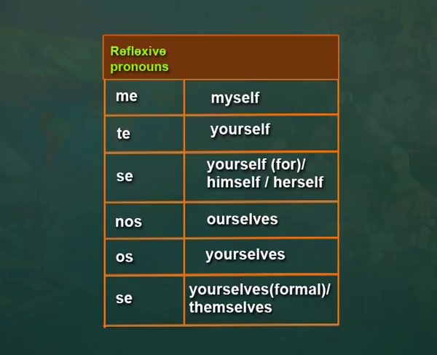The reflexive pronouns are me, myself; te, yourself; and se, yourself formal, himself and herself. Nos is for ourselves, os is for yourselves, informal, and se is for yourselves, formal, and themselves.